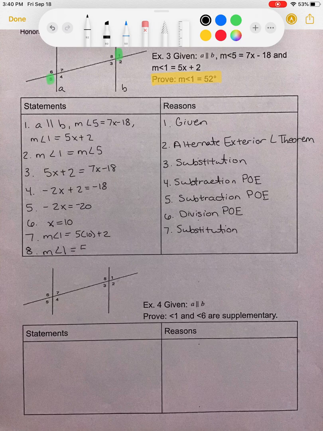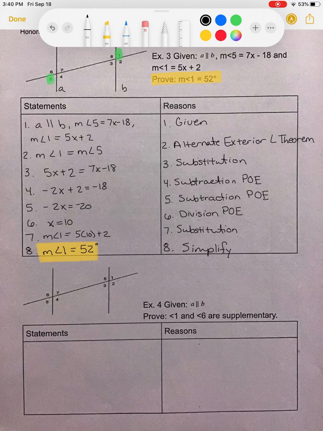That would be 50 plus 2 is 52. We call that simplifying. So, just to show, at the end we have prove measure of angle 1 is 52, and look at my last step. I have the measure of angle 1 is 52. So, our work matches up.